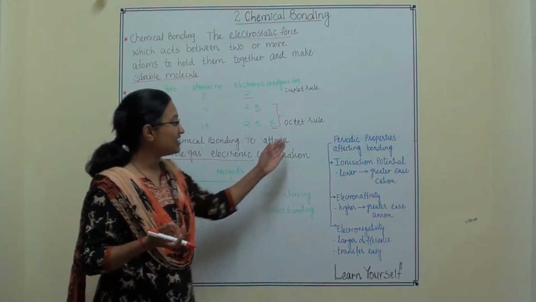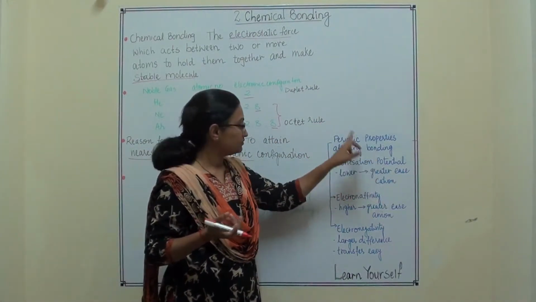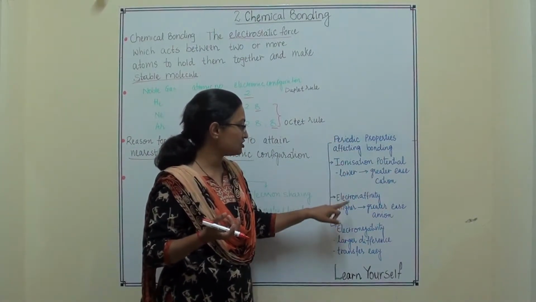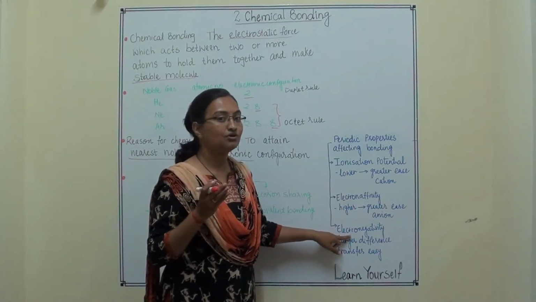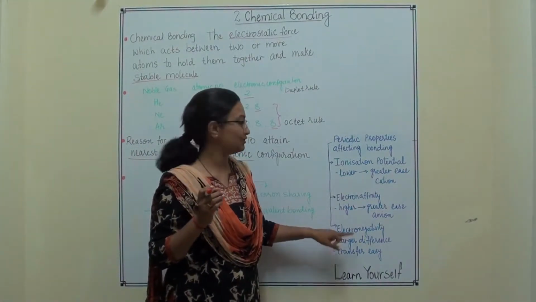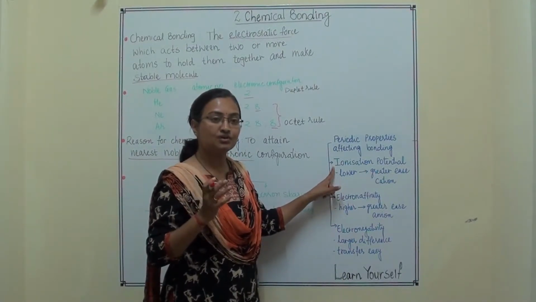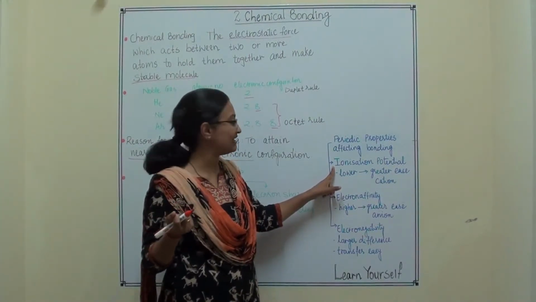Now there are some periodic properties affecting bonding. To check these periodic properties in detail, ionization potential, electron affinity, electronegativity, check my video based on the periodic table chapter. So, ionization potential. What is ionization potential? The energy required to take out an electron from its valence shell.